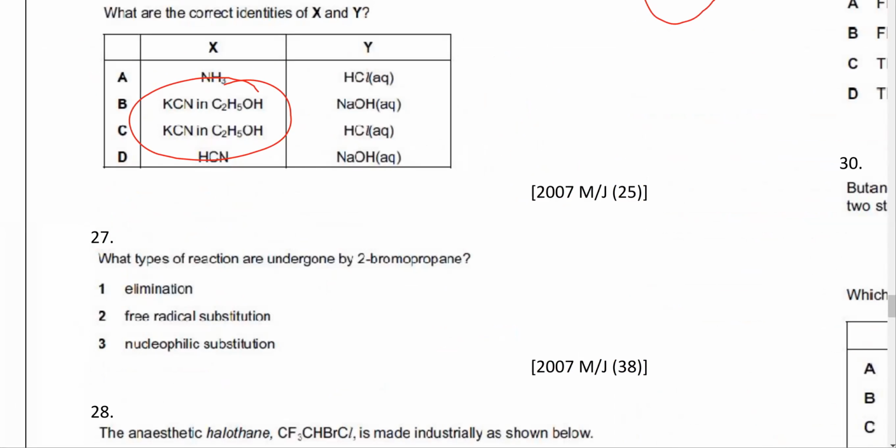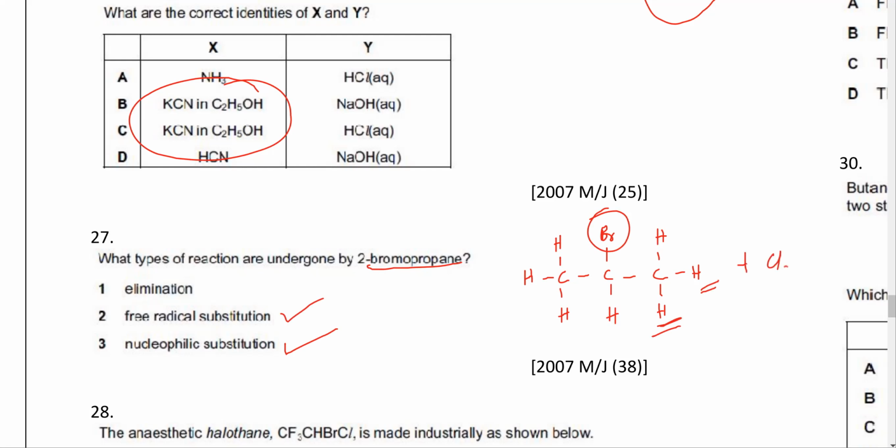अच्छा, then you have what reactions are undergone by 2 bromopropane. So it's propane, second पे it's bromine, and you have the rest is all H. Nucleophilic substitution तो must है क्योंकि halogenoalkanes है. फ्री रेडिकल सब्स्टिट्यूशन भी हो सकती है कि इनमें से कोई भी H अगर UV लाइट होगा तो क्लोरीन, अगर लेट्स से you add chlorine and you add UV light तो रेडिकल्स प्रोड्यूस होंगे.